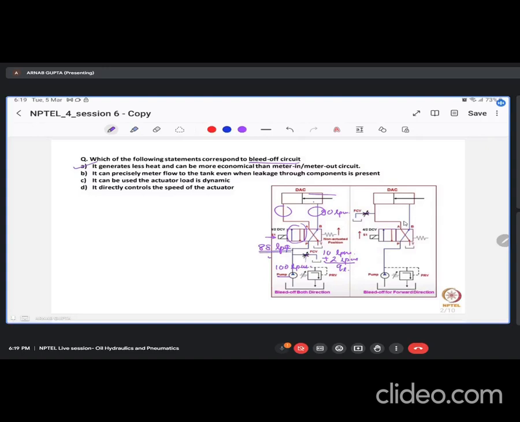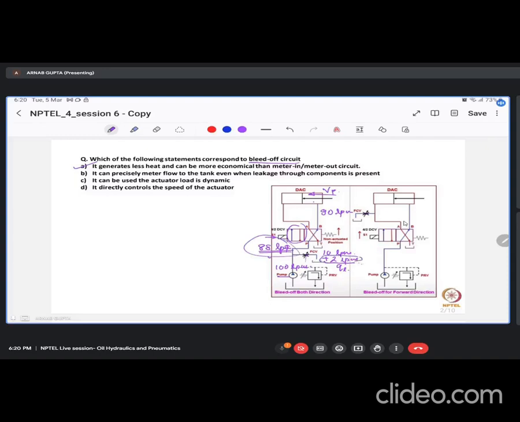I'm just writing these numbers; this is not exact, it's just figurative. So we wanted a flow of 90 liters per minute corresponding to a given piston velocity, but what we are actually getting is 88 liters per minute due to this extra leakage.